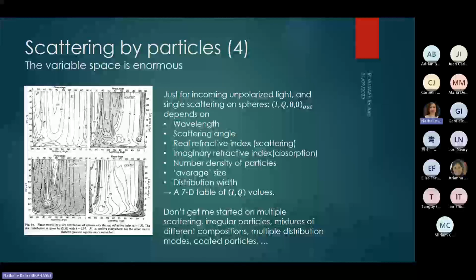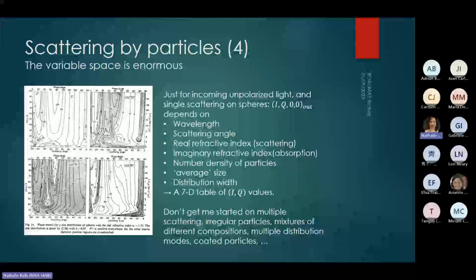So you have a 7-dimensional table of 2 values, I, Q. The amount of possibilities is enormous, okay? You can spend an entire career working on this stuff. You really can, as some people probably have done also. And don't get me started on multiple scattering, irregular particles, mixtures of different compositions, then the dimensionality of this table blows up.